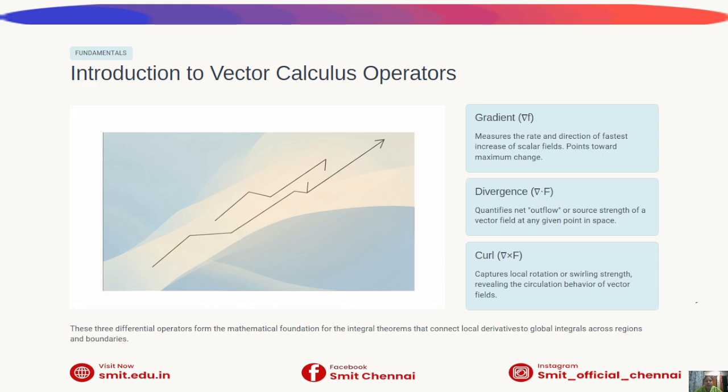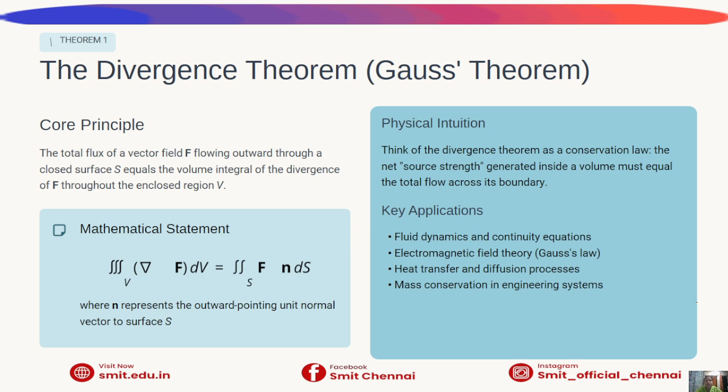Curl, del cross F, captures local rotation or swirling strength, revealing circulation behavior. These three operators form the mathematical foundation for integral theorems that connect local derivatives to global integrals across regions and boundaries. Next we see about the divergence theorem.